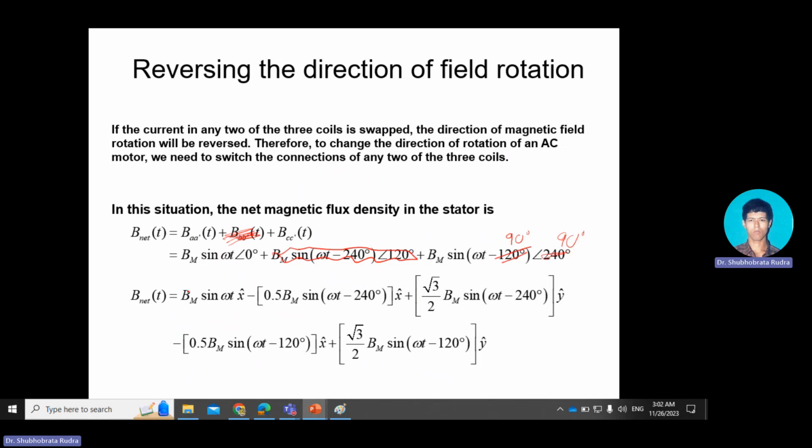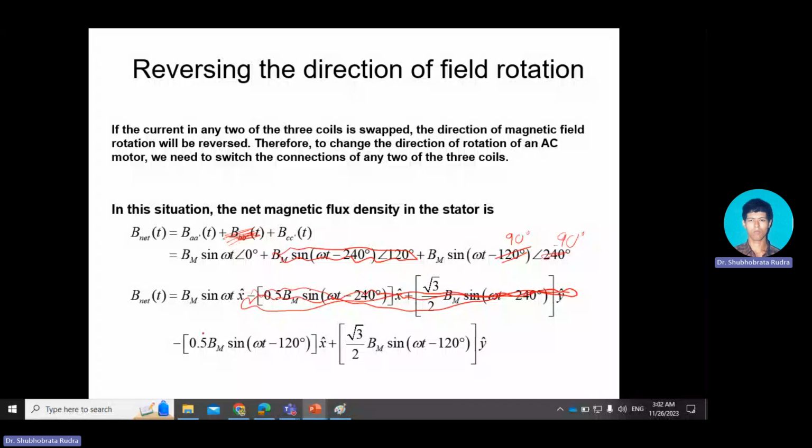Let us discard this entire part due to our second phase of current. Then you have minus 0.5 Bm sin. This 0.5 will not come here. What will come here? Here you will have 0.